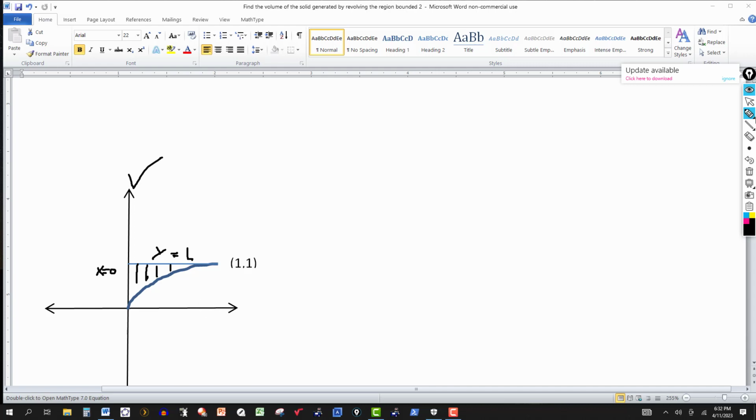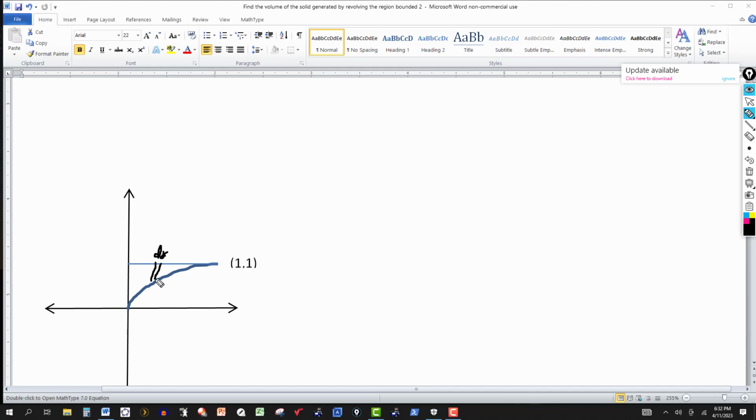And it's this region right here that we're going to revolve about the x-axis. So if I take a typical, a representative rectangle, I would just draw it this way. Again, for the disk method, the representative rectangular strip is always perpendicular to the axis of revolution. So this would be your dx here.